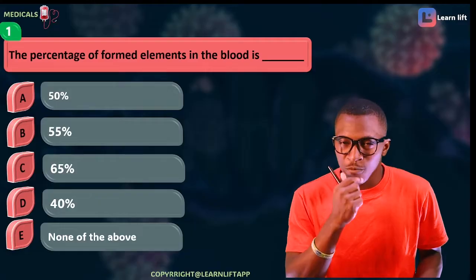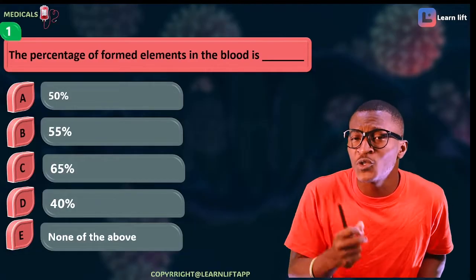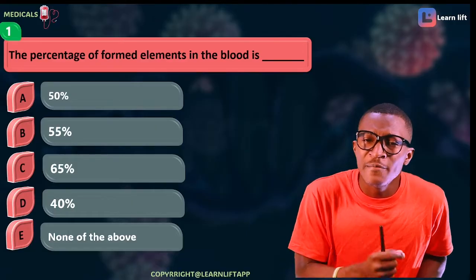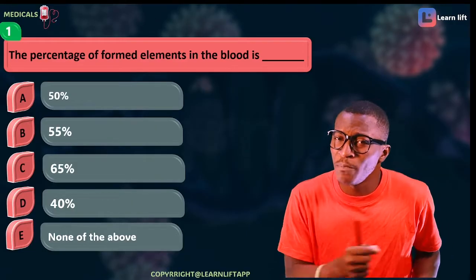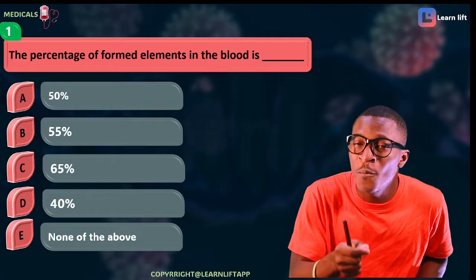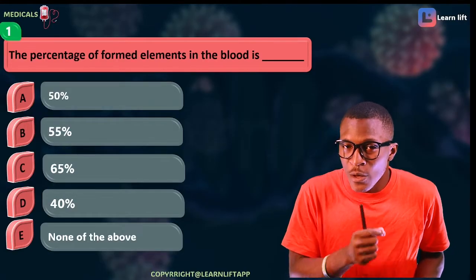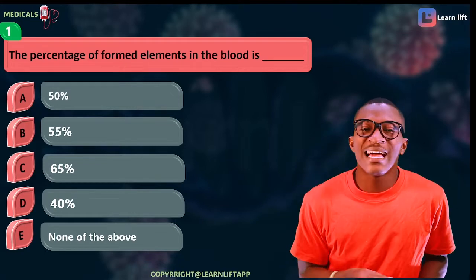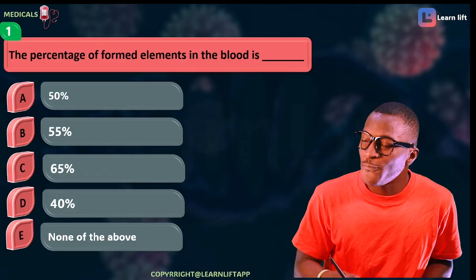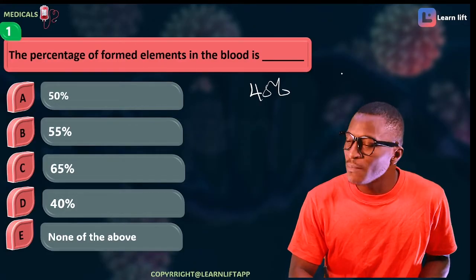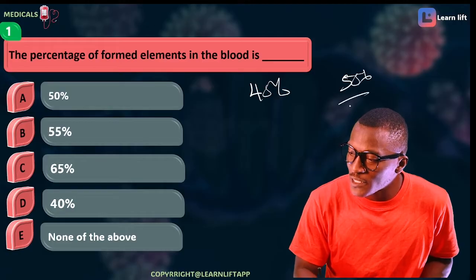If you have done so, first of all, we know that blood consists of two parts: the blood cells and the blood plasma. The blood cells are also called the formed element, and the blood plasma is also called the matrix. The blood cells are 45%, while the plasma is 55%.